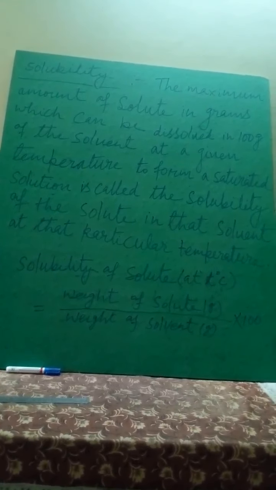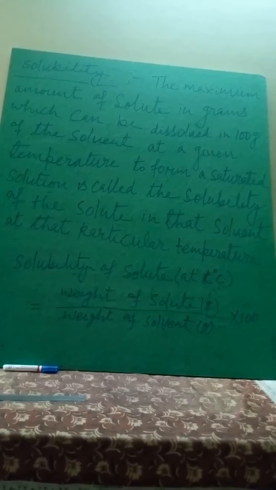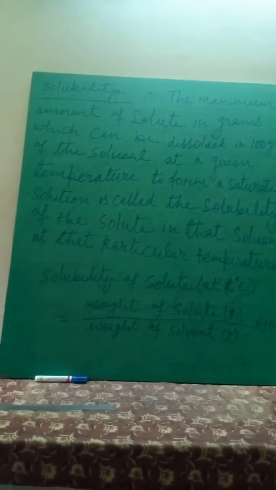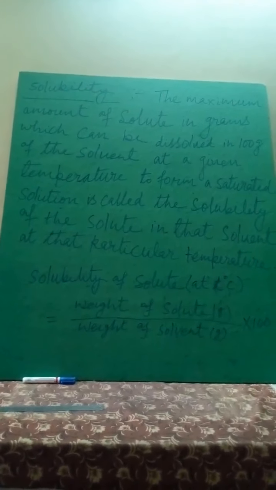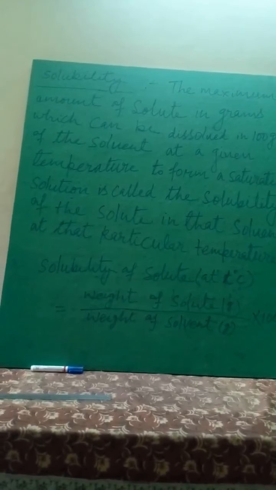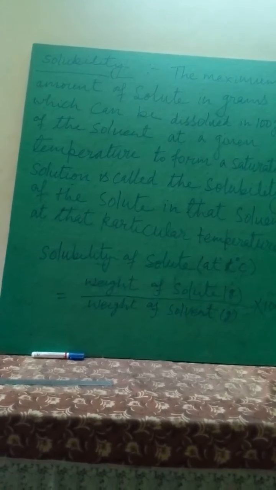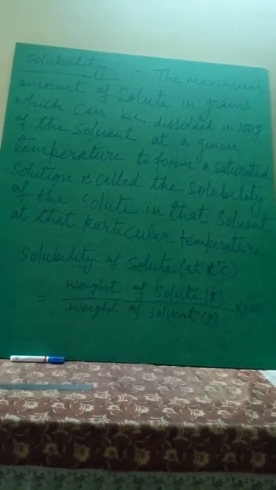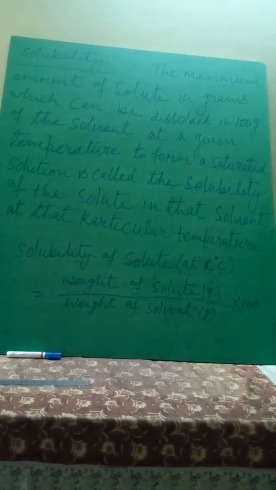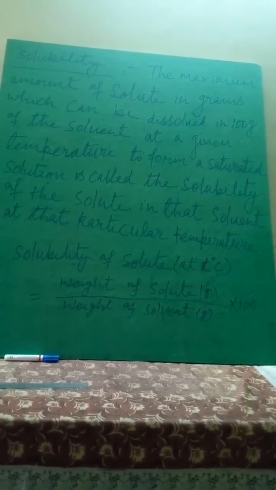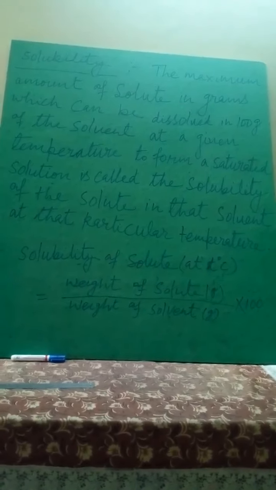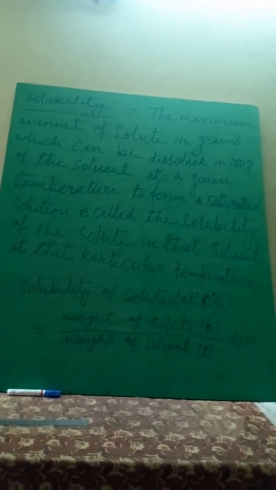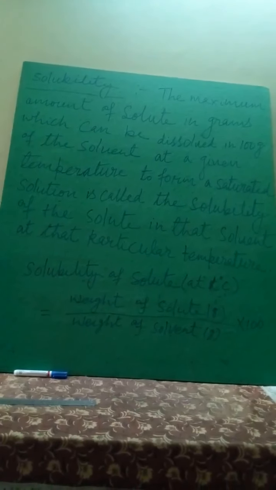For example, a maximum of 32 grams of potassium nitrate can be dissolved in 100 grams of water at 20 degrees centigrade. Thus, the solubility of potassium nitrate at 20 degrees centigrade is 32 grams.